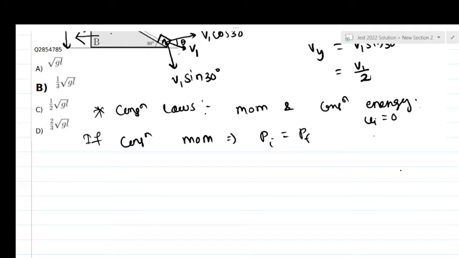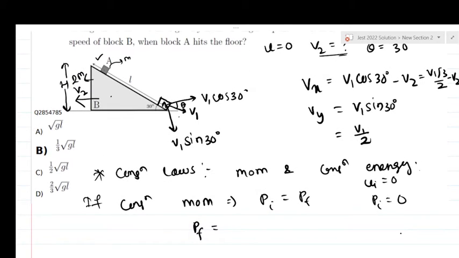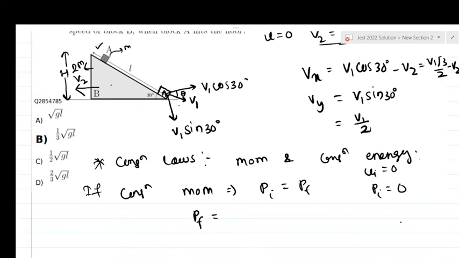So the initial momentum is 0, and the final momentum will be due to the total horizontal component, because there is no contribution from the vertical component. That will be, for the smaller block, m times Vx, and for block B, as the velocity is backward, minus 2m v2.